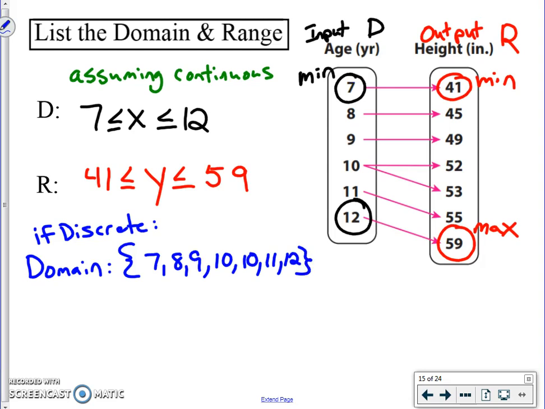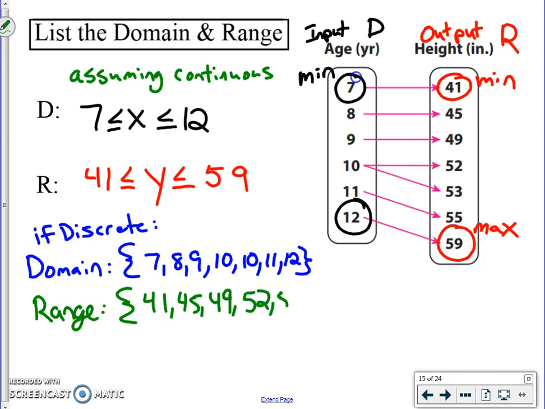On my range, it would be my y values starting with 41, 45, 49, 52, 53, 55, and 59. And those would be my range. So my domain would only have those inputs, and my range would only have those outputs. And this covers both, assuming this is continuous or discrete. Given that we're dealing with ages and height, I think we'd be looking more at a continuous situation.